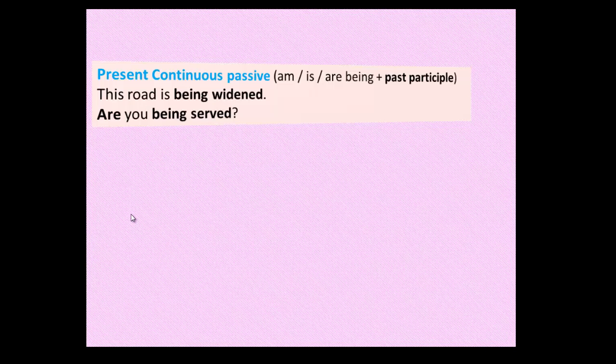But if I want to use present continuous passive, I have to put is, are plus being plus past participle. Here we have two forms of verb to be. The first one is are, and the second one has the form of being. Then we put verb 3. We can look at the following sentences.